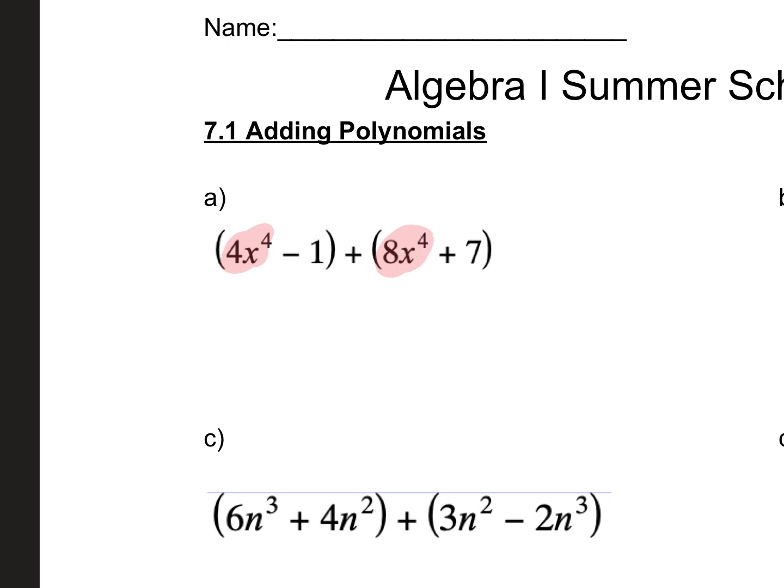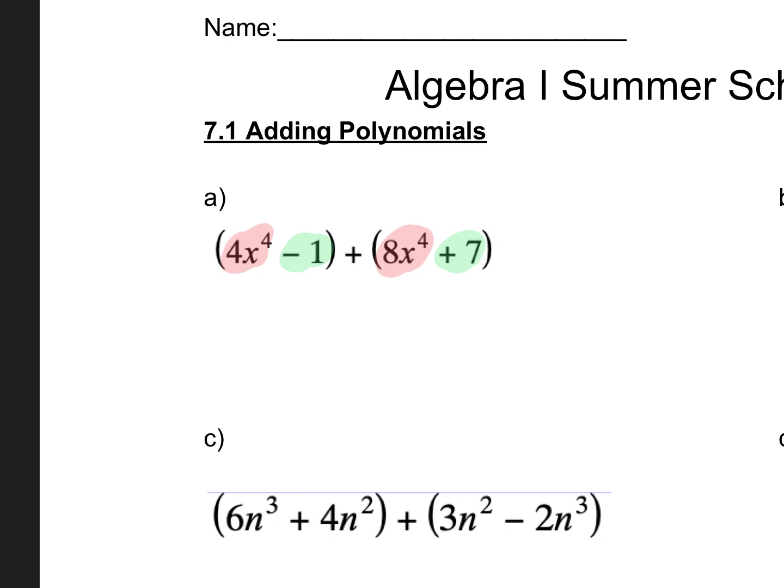Both of those terms have the same variable, x to the fourth. So they are like terms, and I can combine them. Likewise, this minus 1 and plus 7 are like terms because there's no variable attached to them. They are just whole numbers. So we can combine both sets of like terms that I just highlighted.